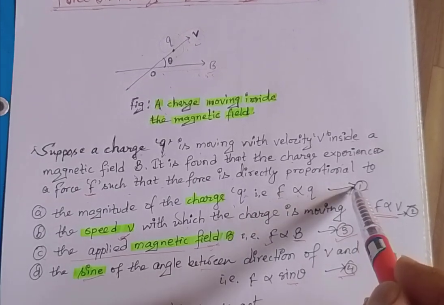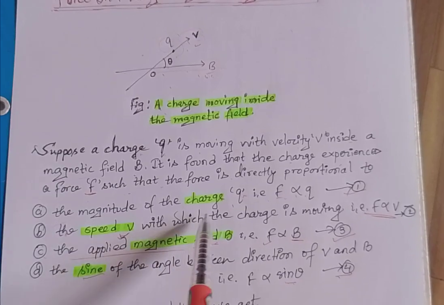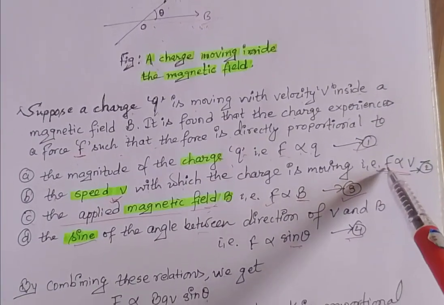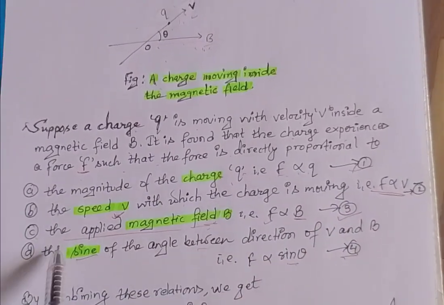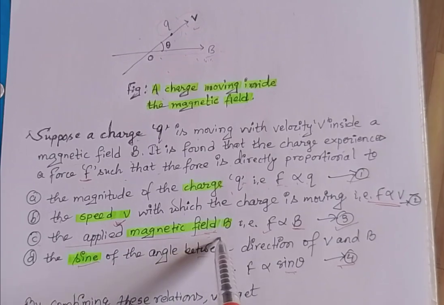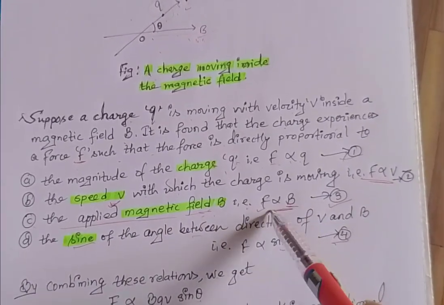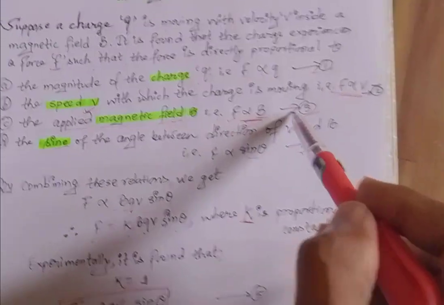This is equation 1. Second, the speed v with which the charge is moving, that is, F is directly proportional to v. This is equation 2. And the applied magnetic field B, that is, force is directly proportional to B. B means magnetic field. This is equation 3.